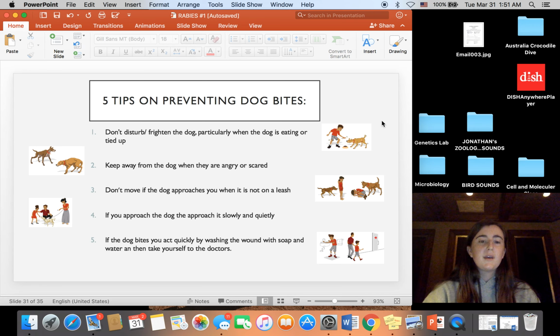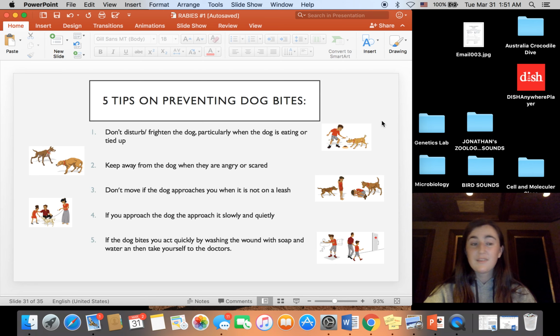2 is keep away from the dog when they are angered or scared. 3, don't move if the dog approaches you when it's not on a leash. Yes, that's pretty self-explanatory. 4, if you approach the dog, then approach it slowly and quietly, because again, you don't want to threaten or make the dog feel threatened.